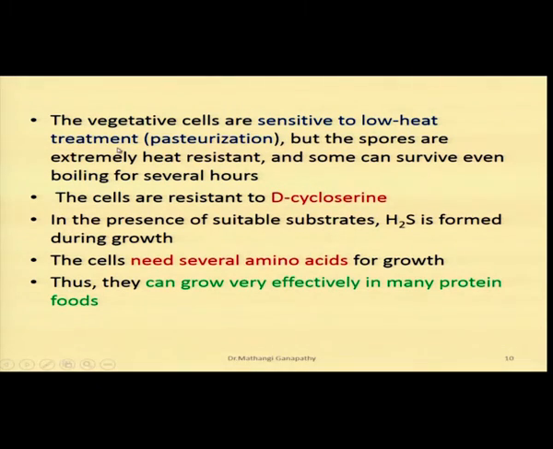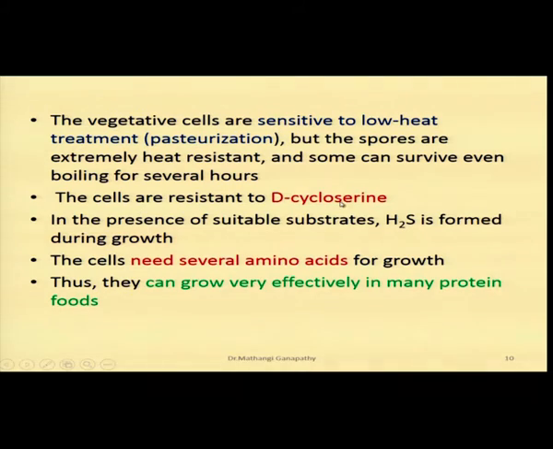The vegetative cells of Clostridium perfringens are sensitive to low heat treatment or pasteurization, but the spores are extremely heat resistant, and some can even survive boiling for several hours. Spores actually, as you know, are formed when the organisms are under adverse environmental conditions. So they are a survival mode for these organisms. So when in a survival mode, it is going to be very difficult to kill them.